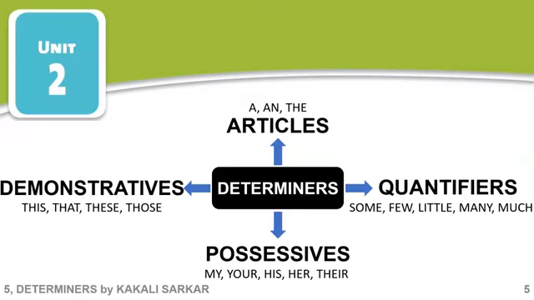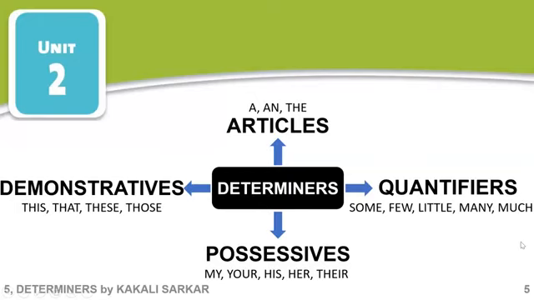So children, in this unit, we will learn only two types of determiners: quantifiers and articles. So today we will learn about the quantifiers. Quantifiers determine the quantity of a noun.